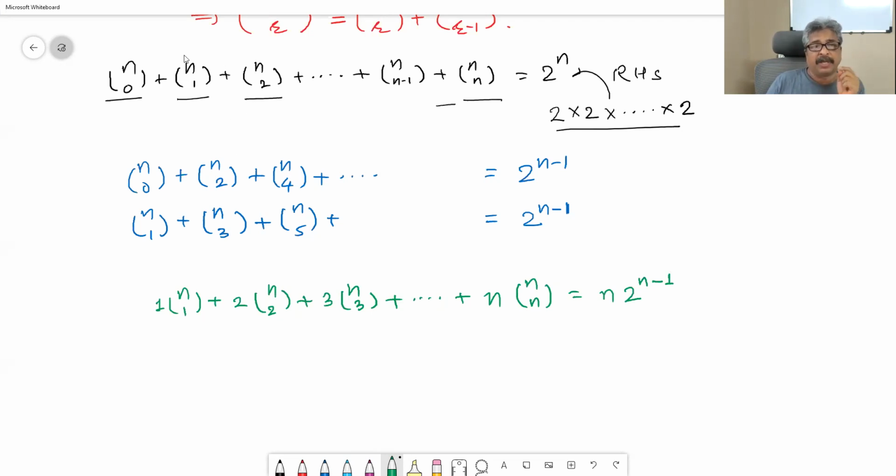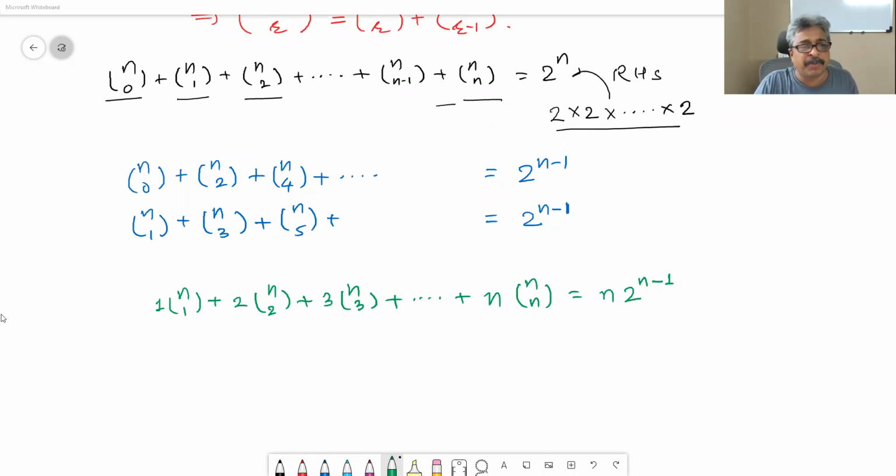I wait for some time. As far as the combinatorial proof of this is concerned, let us consider a set of n players. There are n players from which we are supposed to make a team, and we are supposed to choose a captain of that team.